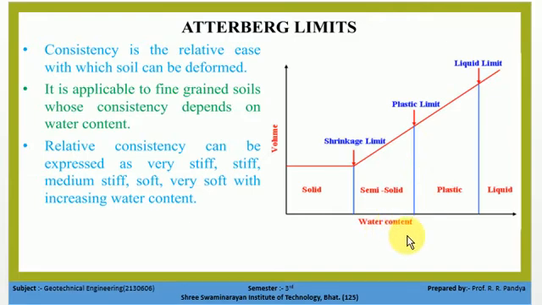After increasing the water content, the soil sample reaches its plastic limit. Now, further increment in water content will also give further increment in volume. So the sample will become semi-solid to plastic state.